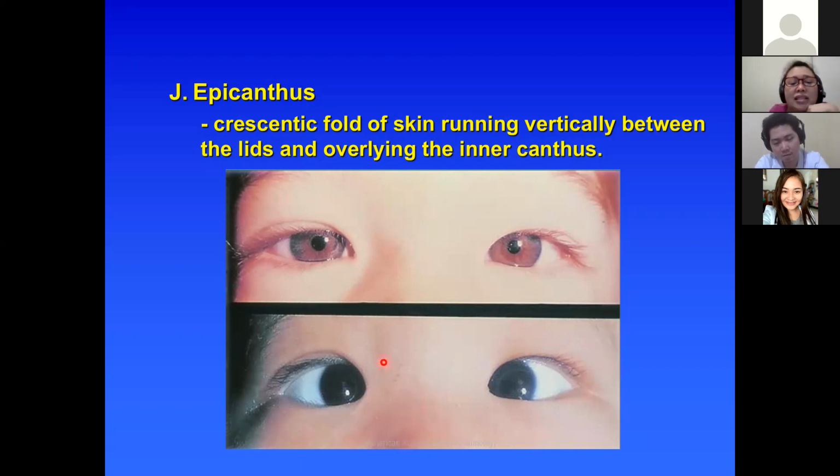You cannot see the sclera on this area kasi there is this fold. This is this extra fold of skin that is covering the medial part of your eyeball. Now, the babies here usually have flat nose bridges pa. So, you need not operate on this one. You just wait for them until mag-mature.